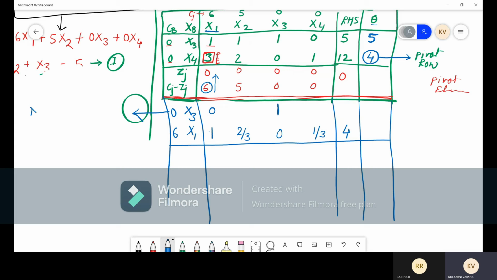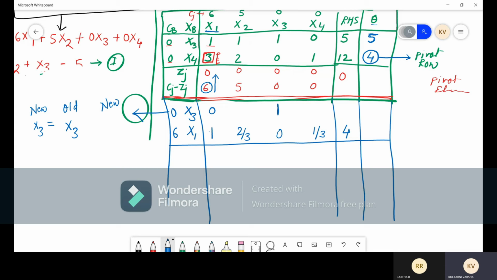We should get these values for this row. We are finding for this new x3, we need to find out the value. For this new x3, we'll take the old x3, so we'll take this row and this row. So we'll take old x3 and we'll take the newly entered variable.